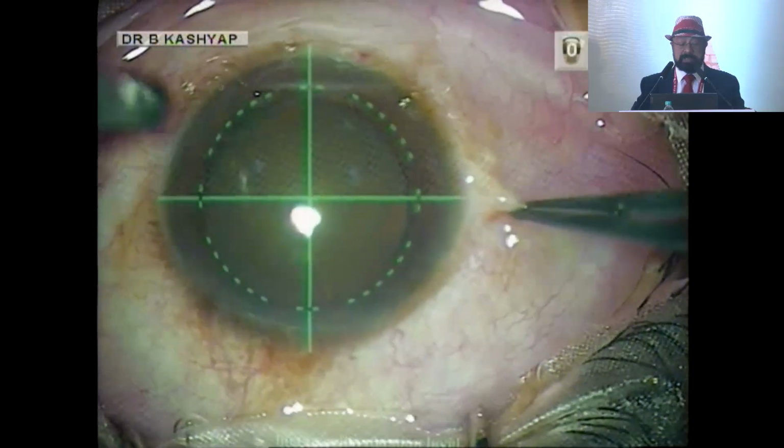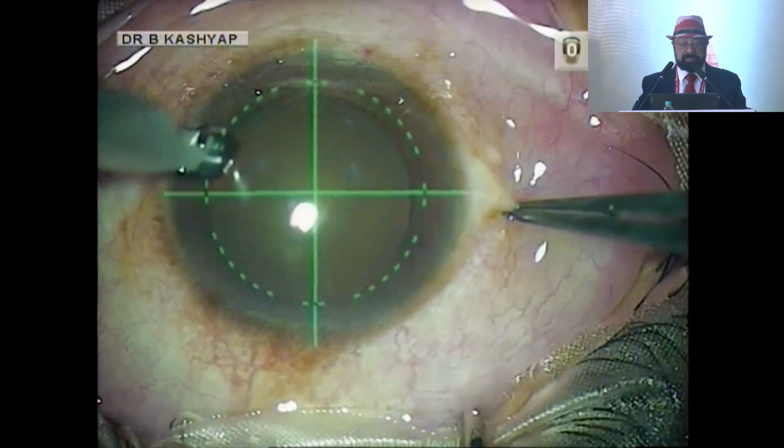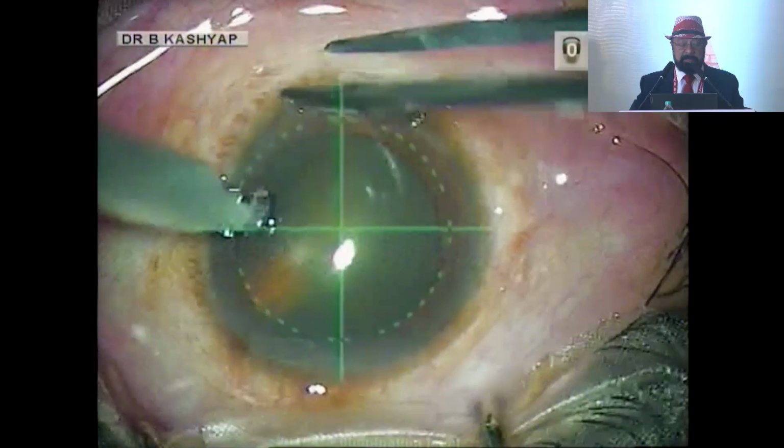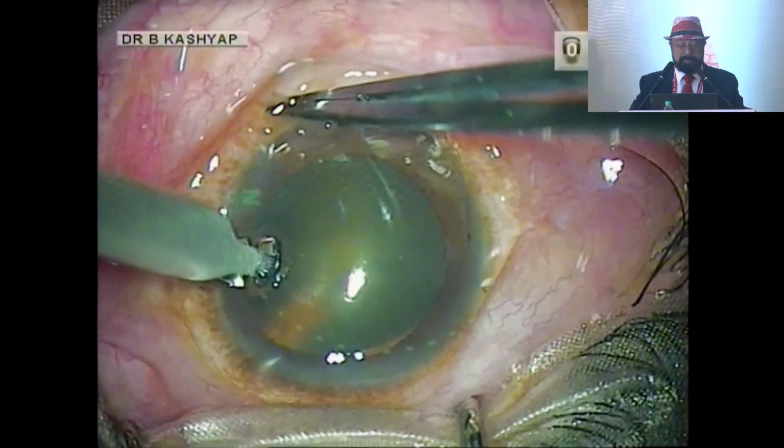You have to hold the pinion cover almost exactly at the limbus. And you complete the incision.